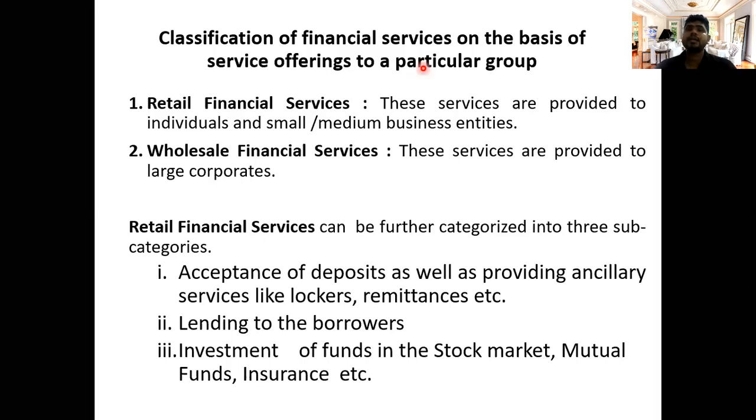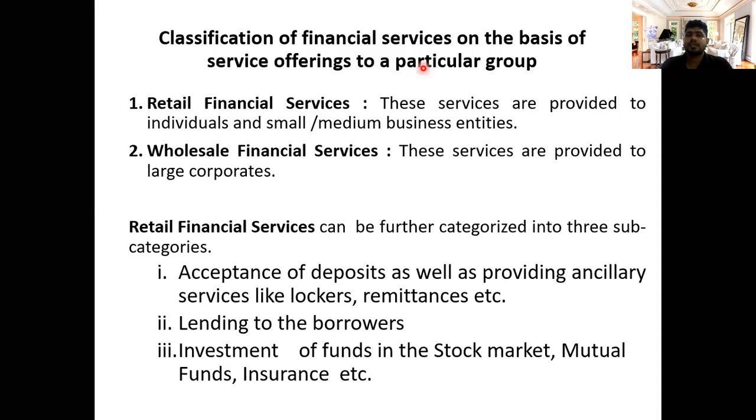They are not targeting individuals or small, medium business enterprises. Their target is government, and larger companies, the larger business entities, right? They are not providing services for individuals and small or medium enterprises.